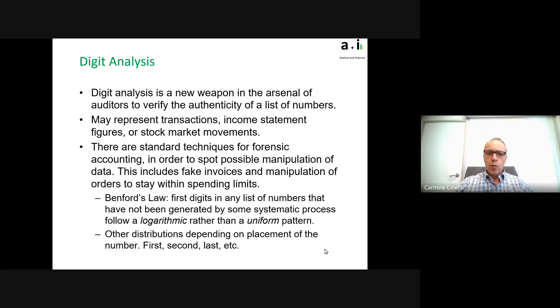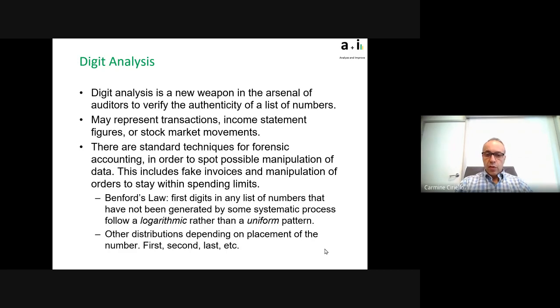They have many different ways to try and find out the authenticity of numbers. And as was asked earlier in the webinar, you could apply this to different types of information like transactions, income statements, stock market movements. It's to find out if there's something bizarre or weird going on that is not expected.